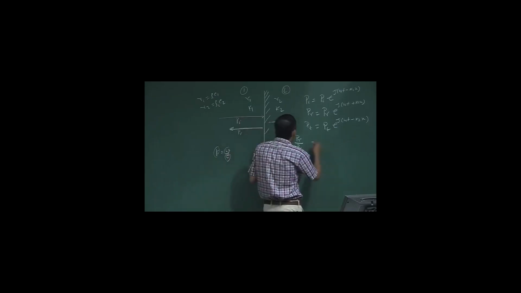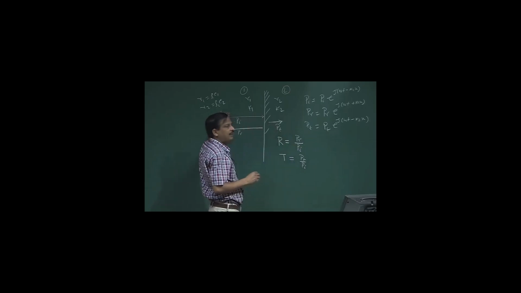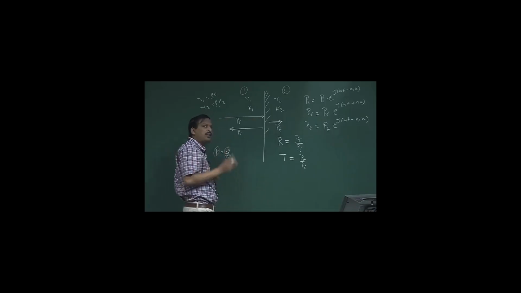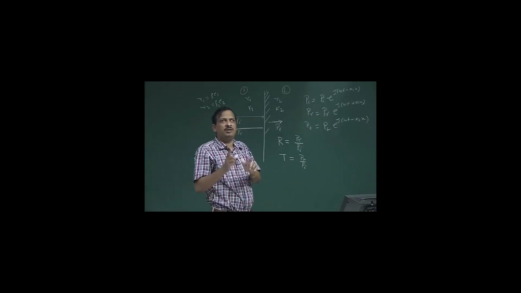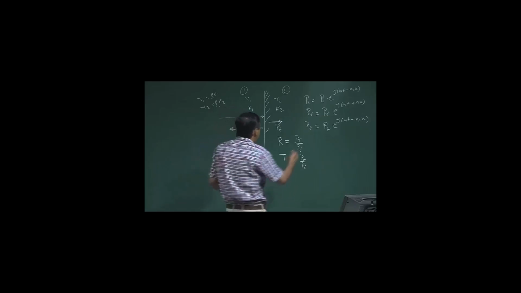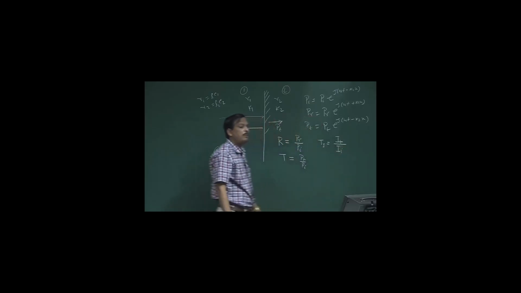Now, what amount of intensity will be transmitted and what amount of intensity will be reflected? I want to find out the intensity coefficient of the incident wave. If Ti is the transmitted intensity coefficient, it is nothing but IT, the transmitted intensity, divided by the incident intensity. You know, the intensity I is nothing but p square by 2 rho c, that is, p square by 2R.